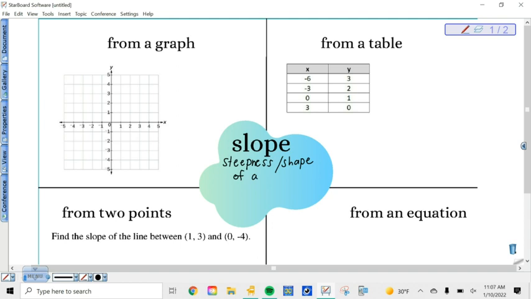Of a line, right? Can someone give me some type of slope formula? That's an example of a slope, but what's the slope formula?